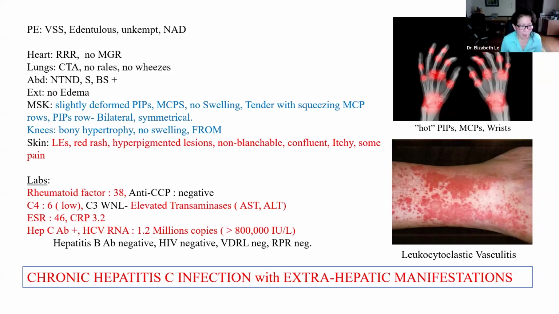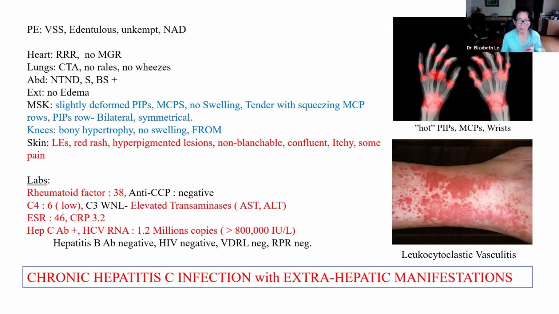And you draw some labs. Rheumatoid factor is 38. Now that's interesting because rheumatoid factor should be less than 14. Anti-CCP, the second rheumatoid factor, is negative. Complement C4 is low, 6. C3 is normal. But he has elevated liver function tests, elevated ESR at 46, CRP is 3.2.